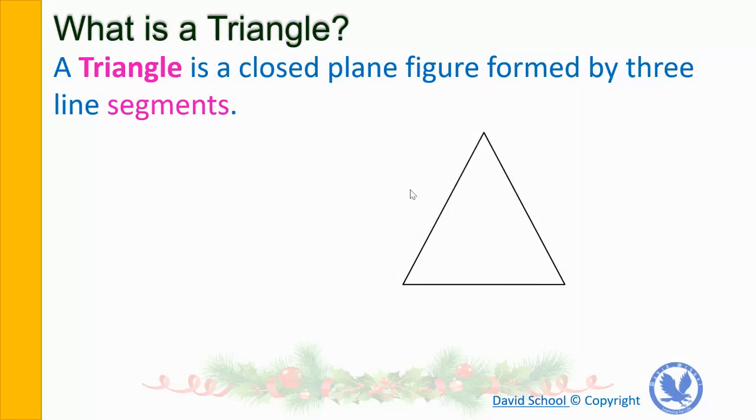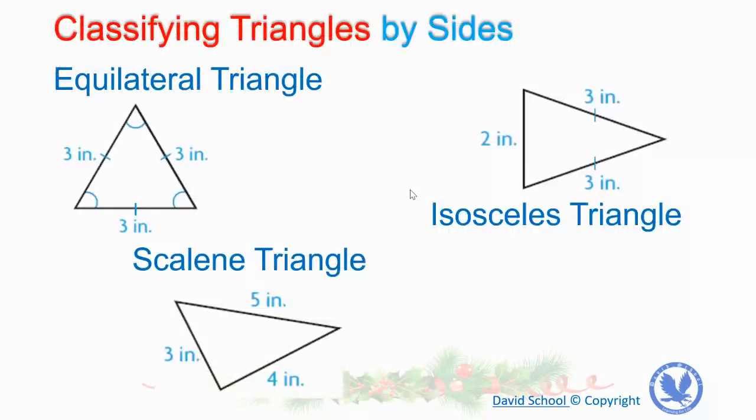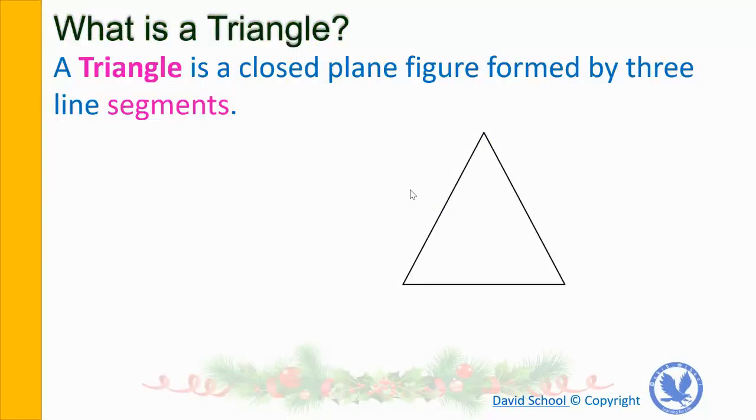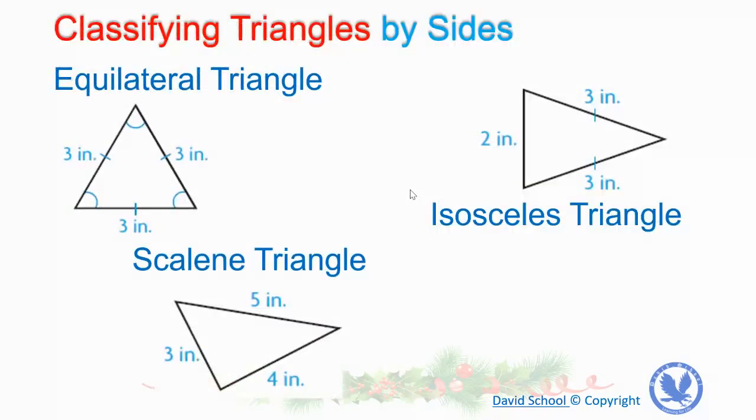This is the triangle, and it has 3 line segments. Please remember, now we will classify triangles by sides. There are 3 types of triangles based on sides.